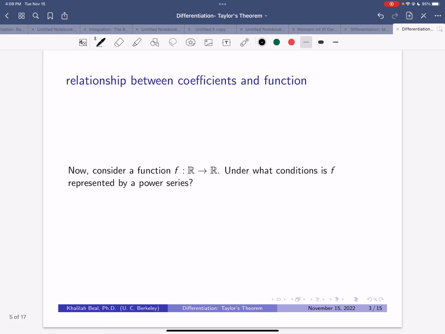So now let's consider a function, and we'll ask under what conditions is f represented by a power series. So suppose you have all of the derivatives.